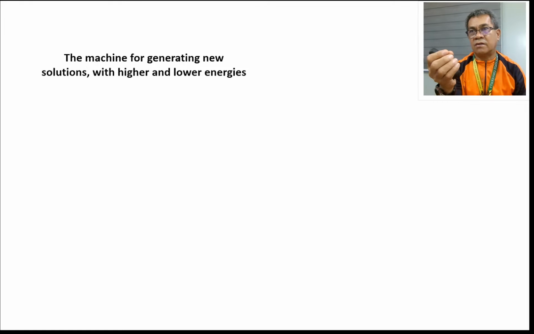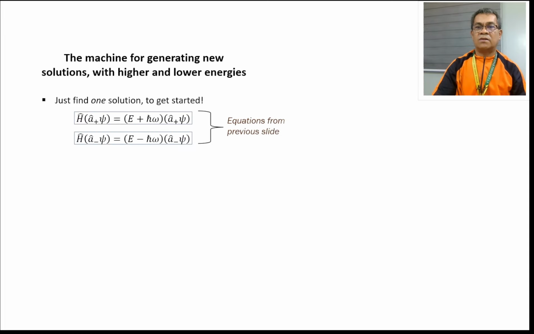If we have the lowering operator, then the energy becomes lower by how much? By ħω. So this is just one solution. Just find one solution, then get the others.